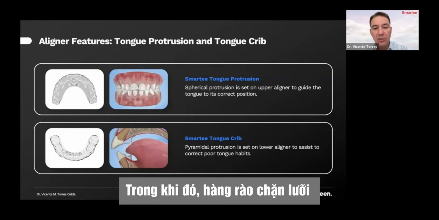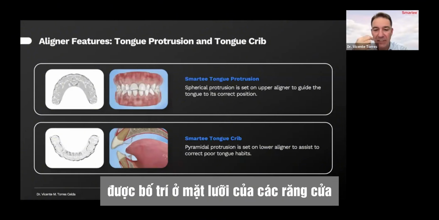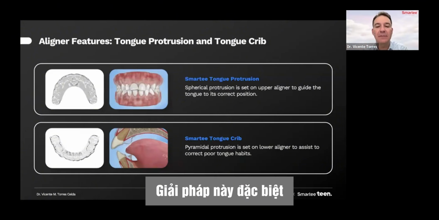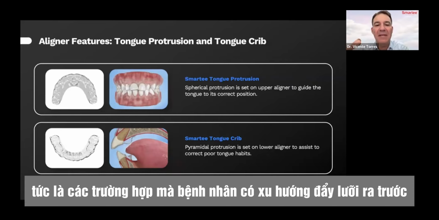The tongue trip consists of small pyramidal structures located on the lingual surface of the incisors, and this solution is especially useful for tongue interposition habits, meaning cases in which the patient tends to thrust the tongue forward.